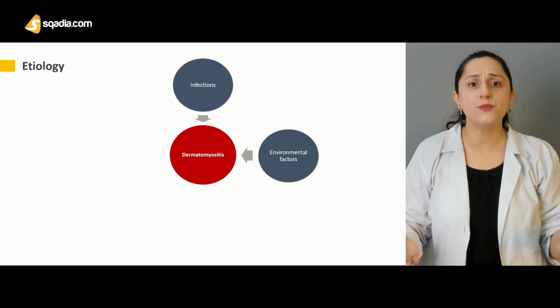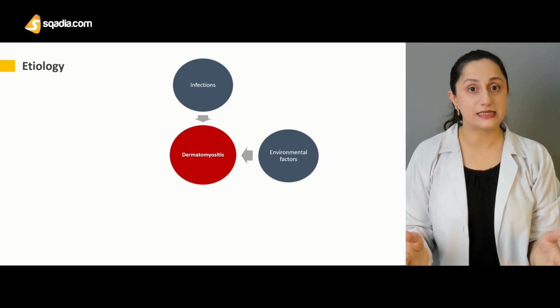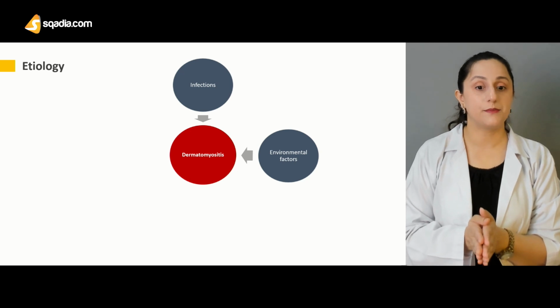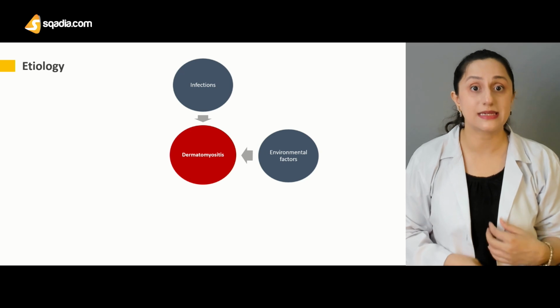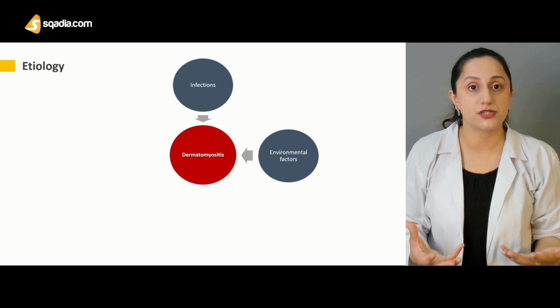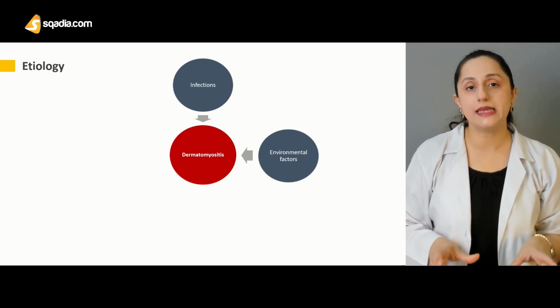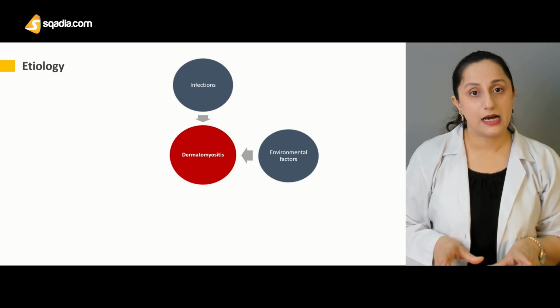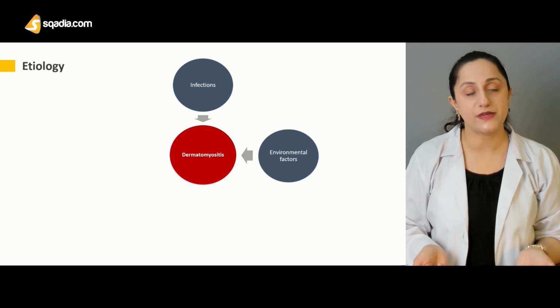It can be the extreme weather conditions. It can be the extreme dry weather conditions that are basically making the patient more prone to the development of dermatomyositis. It can be the pollutants in the environment that are contributing to the development of this condition. So the environmental conditions, and specifically the exposure to the sun, the UV radiations, they really start off this cascade of events.